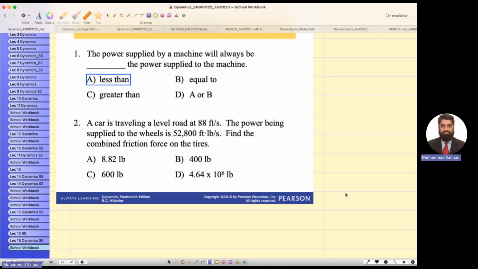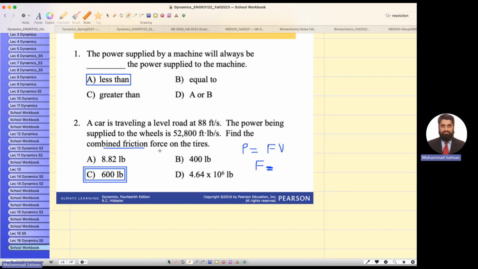One student says it is C. Any other student? Another student says, yep, so it is C. Because we have to find the power, find the combined friction force on the tires, which is equal to force times velocity.